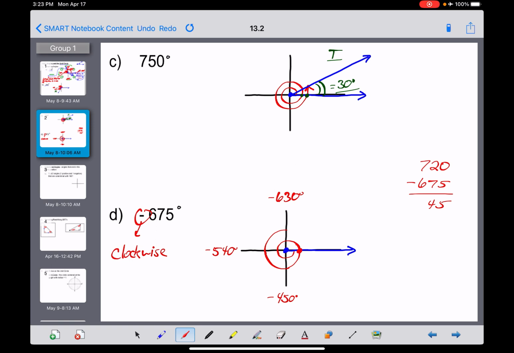We can approach this from either way: another 45 degrees past negative 630 gets us to negative 675, which also bears out with the 45 degrees shy of the second complete circle that we thought we were. So our terminal side is going to go right down the middle right here, guys, of that first quadrant right there.